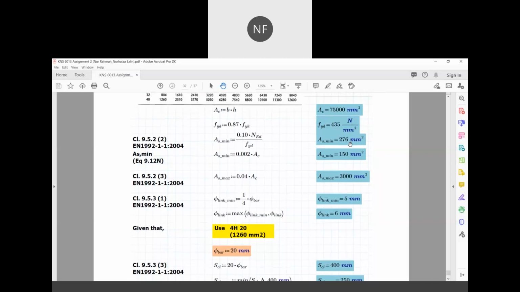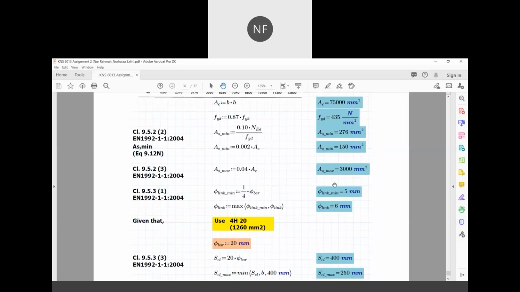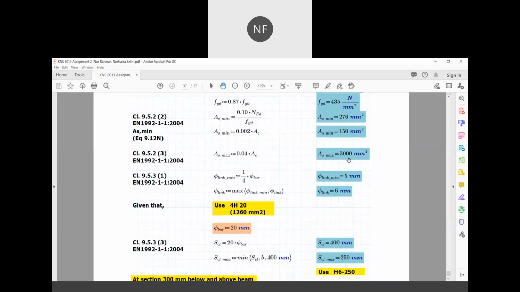So the As min using this formula, we obtain a value of 276 millimeter square, and also we can use the formula of 0.002 multiplied with the area of column to determine the As min, and it is equivalent to 150 mm square. And here's the formula to determine the maximum area, that is 0.04 multiplied with the area of column, equal to 3000 mm square.